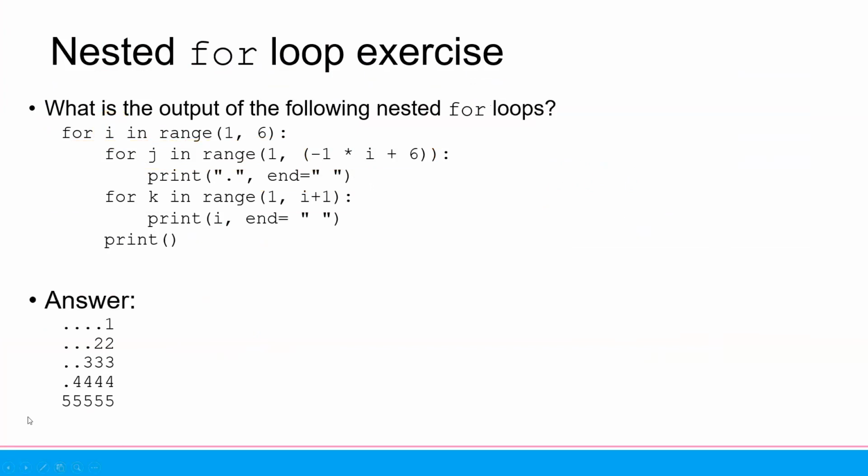So the answer will be like this. Maybe for some of you it is easy, but for who you are the first time to learn Python or programming, it will be difficult to understand the logic. So I think I will give you more practice about this one.